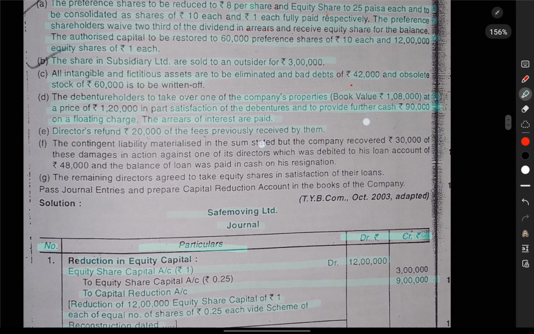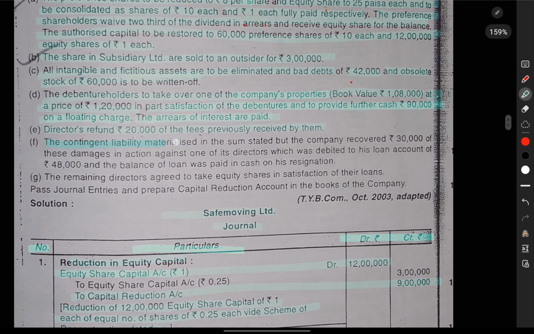Next, the contingent liability materialized in the sum stated, but the company recovered 30,000 of these damages in action against one director, which was debited to his loan account for rupees 48,000, and the balance of loan was paid in cash on his resignation.